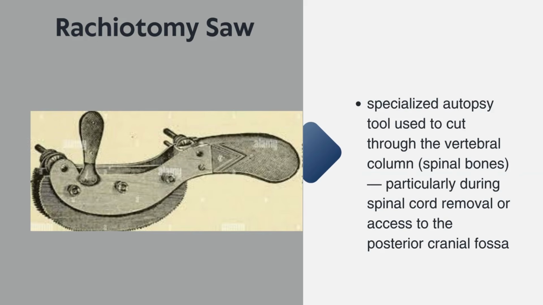Now, next comes rachiotomy saw, and it is a specialized autopsy tool used to cut through the vertebral column, particularly during spinal cord removal or access to the posterior cranial fossa. So basically, the term rachiotomy comes from rachis meaning spine and tomy means cutting. So it is a spine cutting instrument.